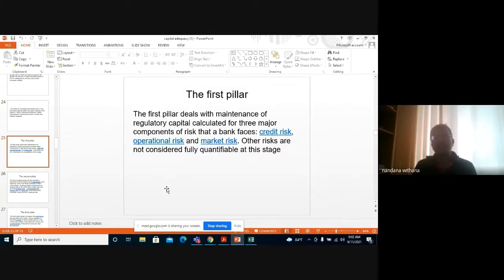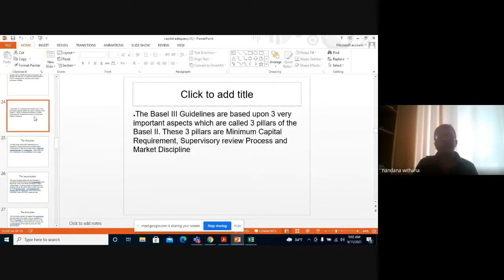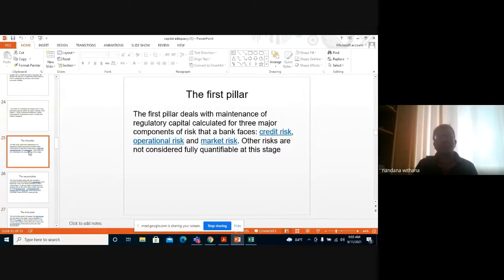You can easily remember .com, COM: credit risk, operational risk, market risk. First pillar is on risk, right? And what are these risks? Regulatory capital is calculated based on the risk from these.